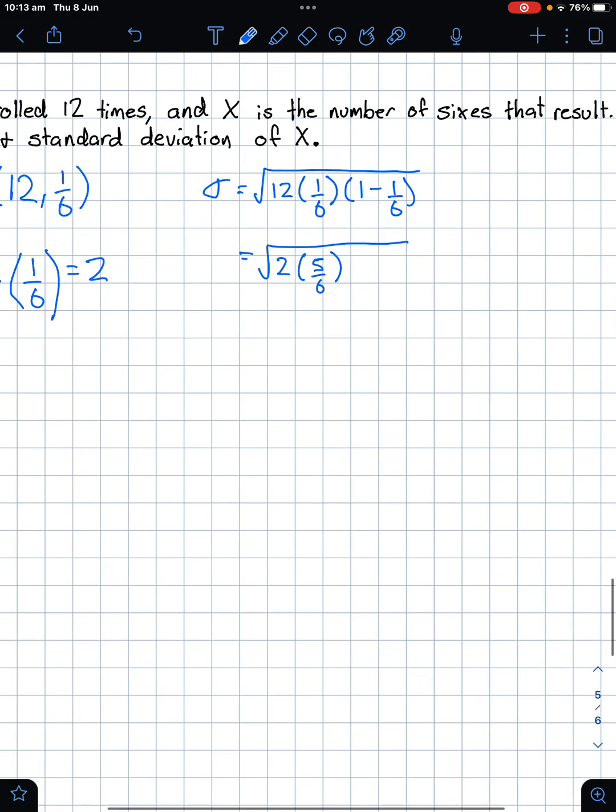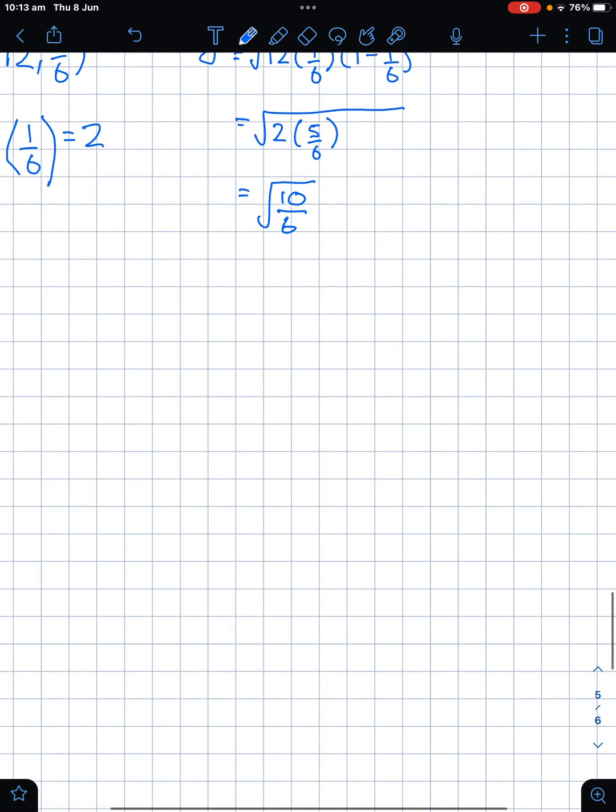So we're looking at the square root of 10 on 6. Neither of them is a square root in simplest form, so if we were asked for an exact value, this is our exact answer, and the decimal answer is 1.291.